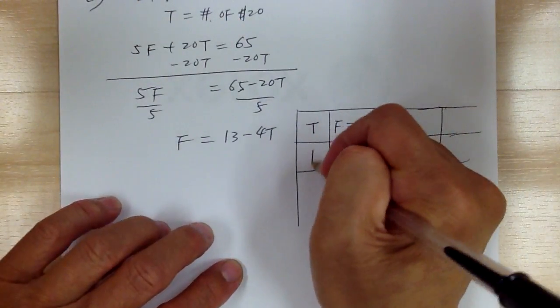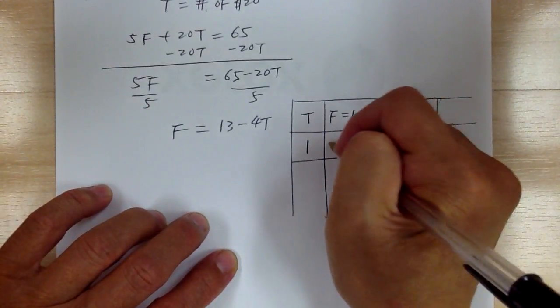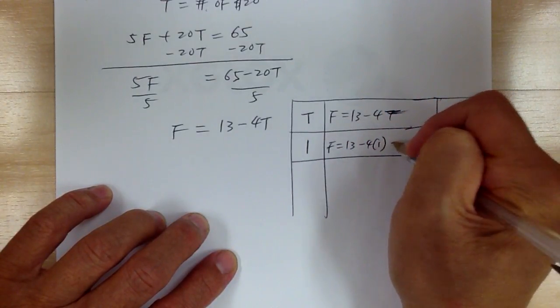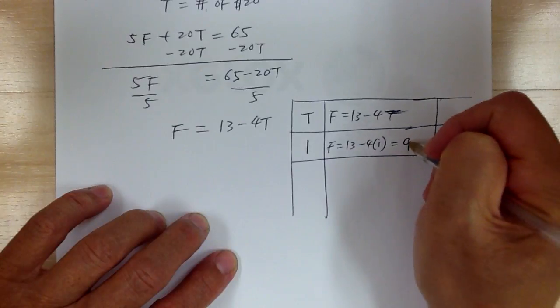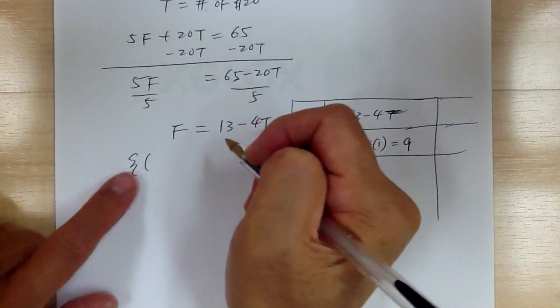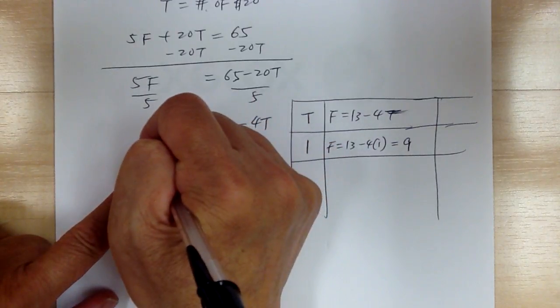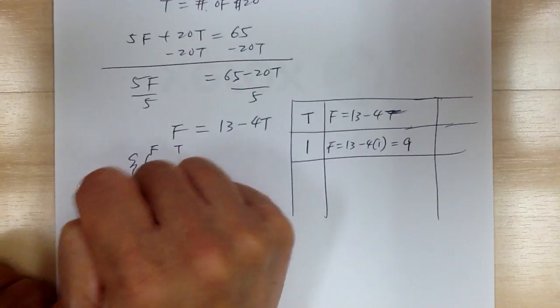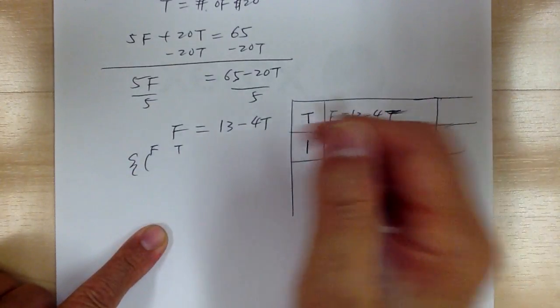So you have to start with 1. Minimum is 1. So F equal to 13 minus 4 times 1, and so this will equal 9.